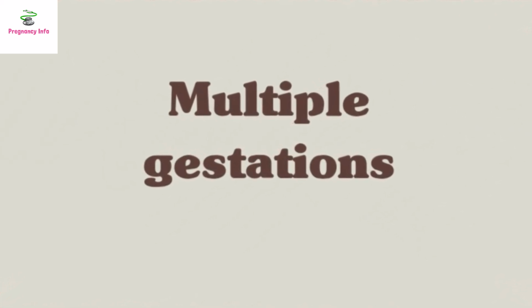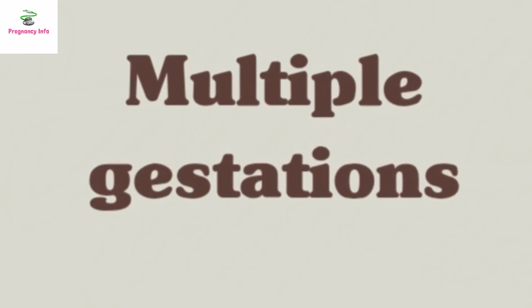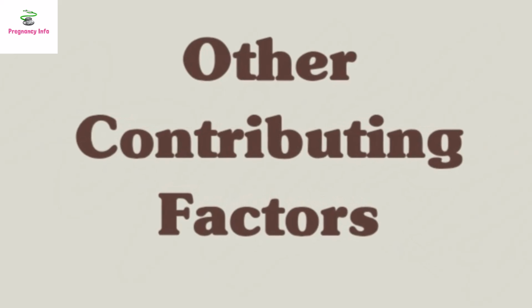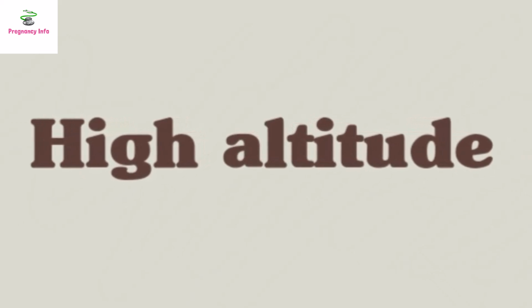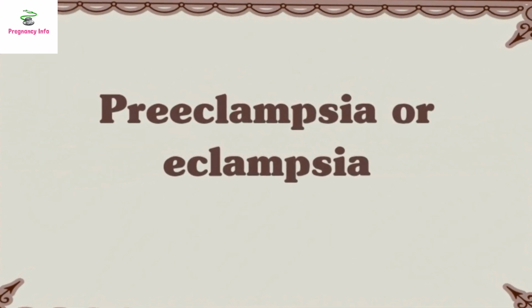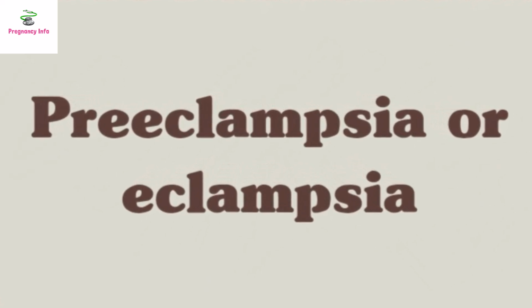Twins, triplets, or higher order multiples are more likely to experience IUGR due to competition for nutrients in the womb. Other contributing factors: high altitude. Living at high altitude can reduce oxygen supply, leading to restricted fetal growth. Preeclampsia or eclampsia. These pregnancy-related hypertensive conditions reduce blood flow to the fetus.